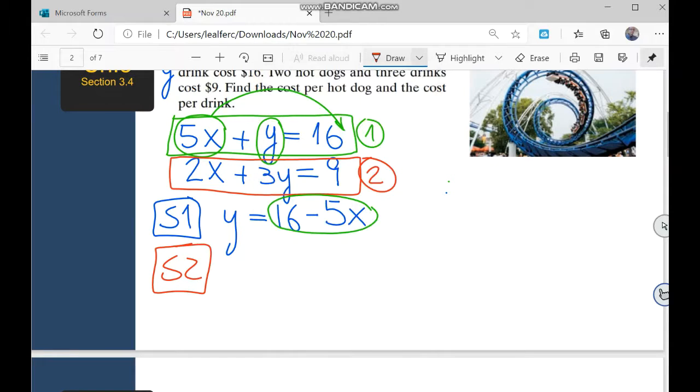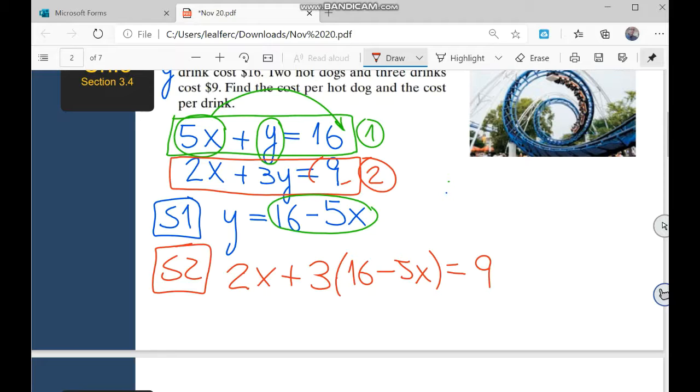So 2 times x, plus 3 times y. But no, I don't want y. I'm going to change y into 16 minus 5x, and this equals 9.